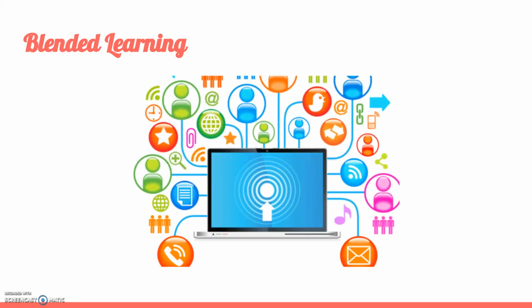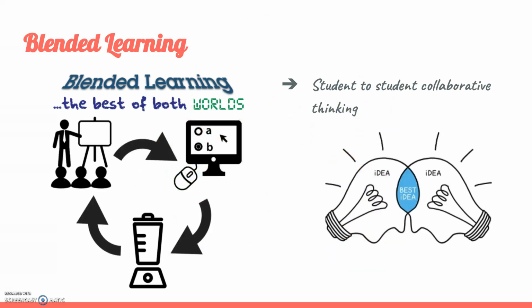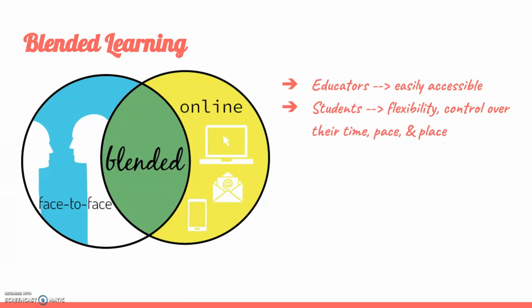The authors confirmed that technology integration, which is simply putting technology in the classroom, is not considered blended learning. However, if we use technologies like iClicker and document surveys and post them on an online forum to have students discuss their thoughts and questions, it will create student-to-student collaborative thinking. That creates a blended learning environment.